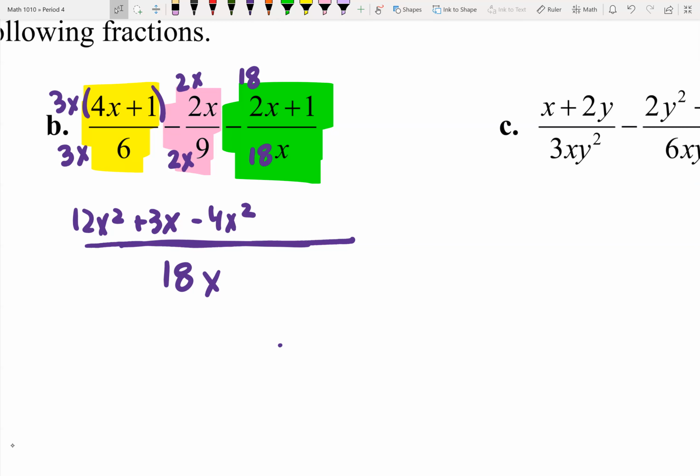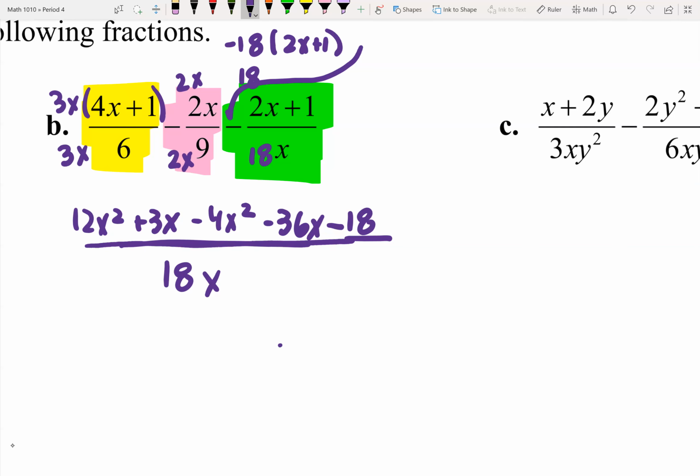Write this down: negative 18 times 2x plus 1. So the negative gets distributed with the 18. That is negative 36x minus 18, not plus 18. It's minus 18. Take your pencil, draw an arrow to the negative, and say, be careful. Distribute.